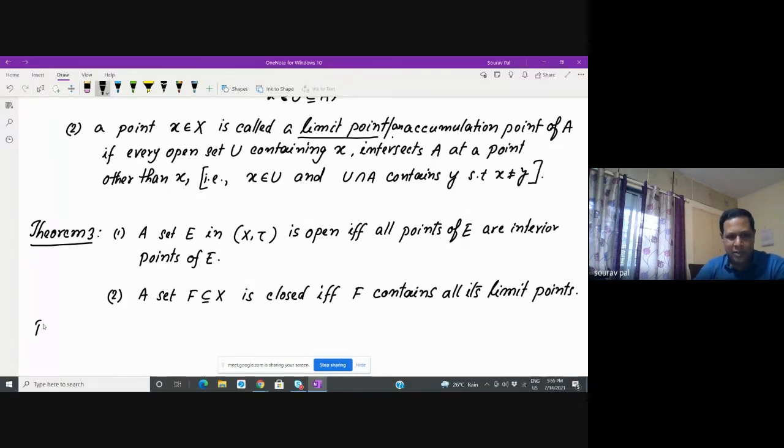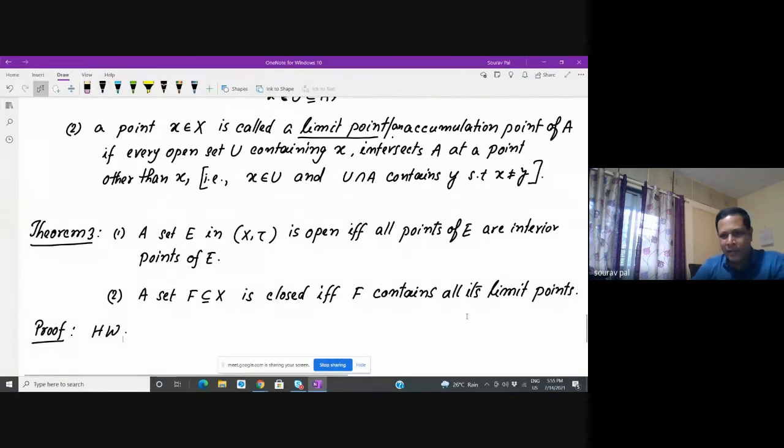Once again, I just leave the proof to you. If you cannot prove it, just tell me tomorrow, I'll prove it for you. But anybody can prove this. Anybody with basic knowledge of set theory can prove it.